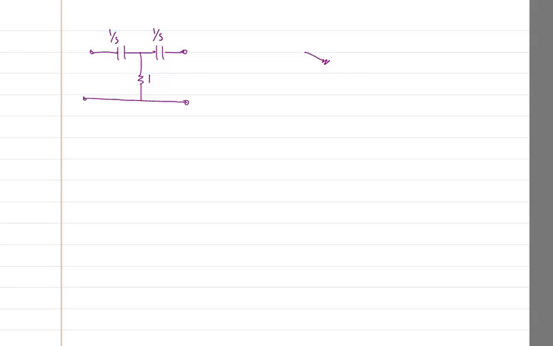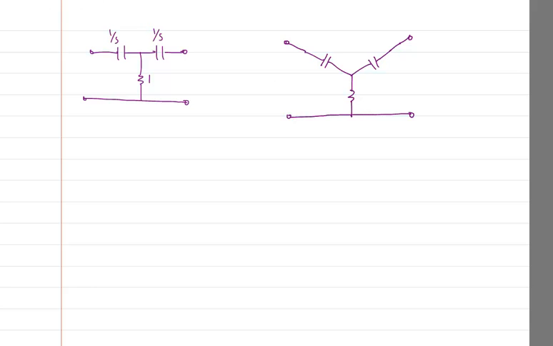So the capacitor, suppose it is like this. The second capacitor is also like this. The third one, which is the resistor part, suppose it is coming like this. Now what you have got is basically a star network. And you all know that the star network can be converted to a delta network.